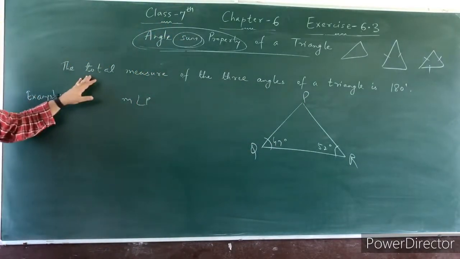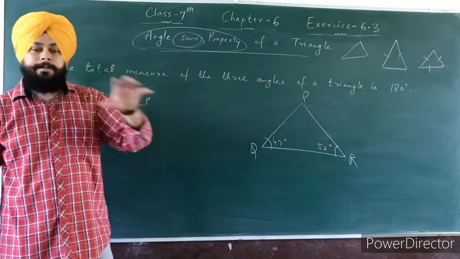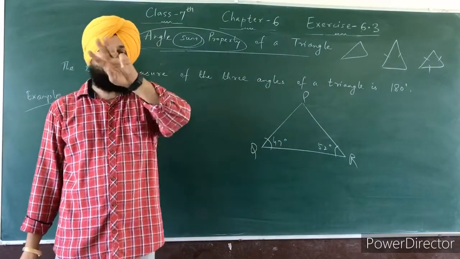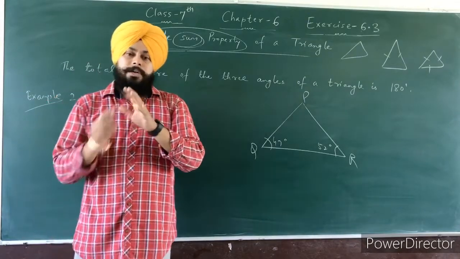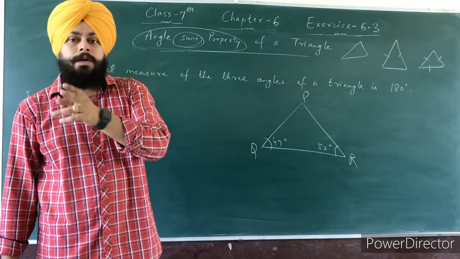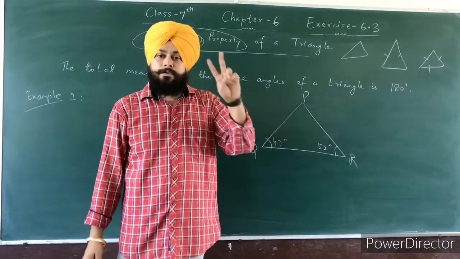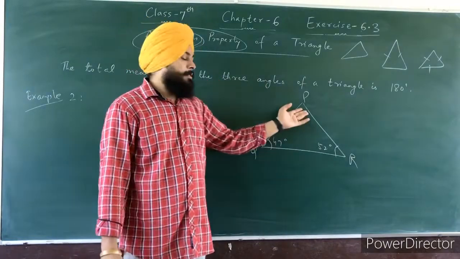So we know that the property is the total measure of three angles of a triangle is 180 degree. In every triangle there are always three angles, whatever the triangle, and the sum of the three is 180 degree. Here two angles are given, and we have to find the third angle.